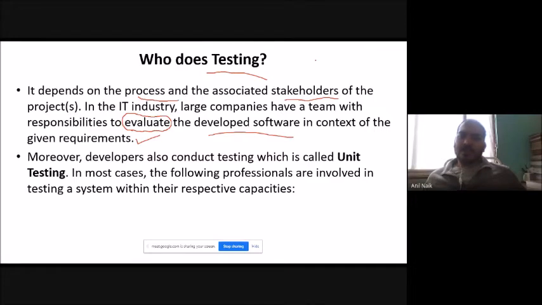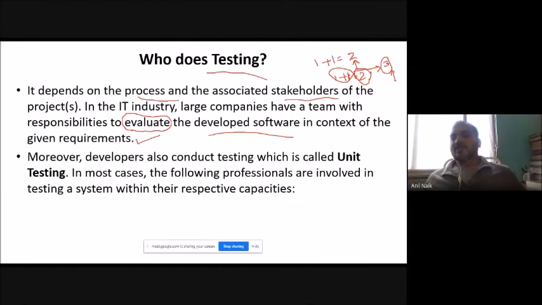For example, 1 plus 1. What is the result? 2. So this is your expected result. 1 plus 1 means it should be 2. Your software should give the result as 2. The correct answer is 2. Suppose your software is giving the answer as 3, then there is no match between expected and actual.